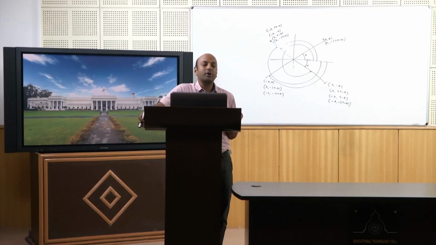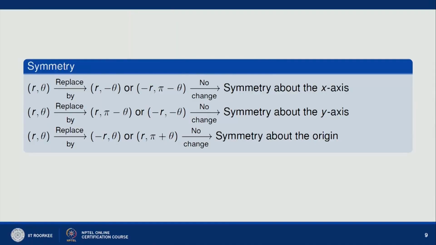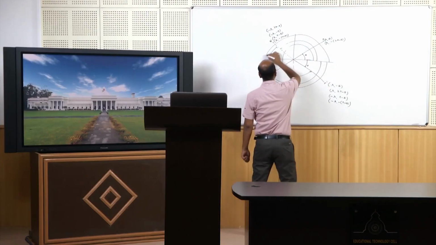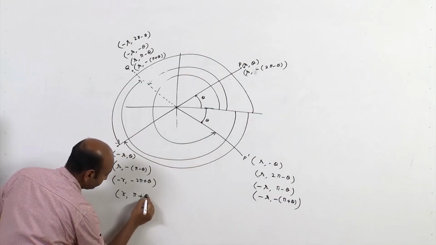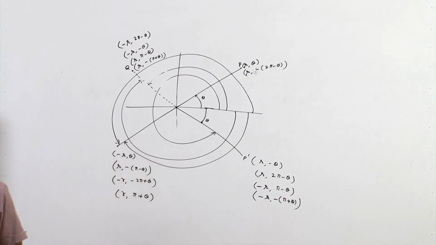So, if any one of the points satisfies a given equation, that means symmetrical about origin. So, these are the points. One more point is there for origin, it is r comma pi plus theta. When you come from this side, it is pi plus theta. So, it is r comma pi plus theta.